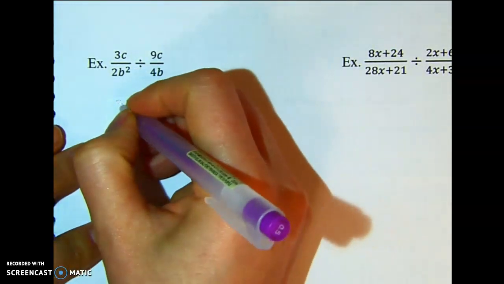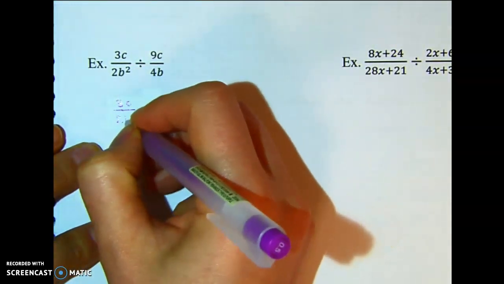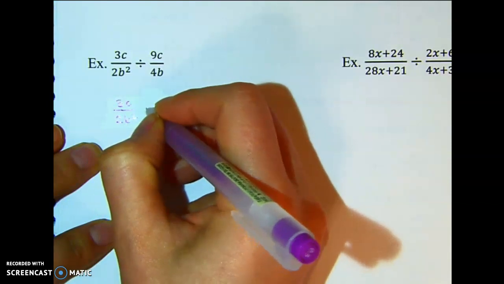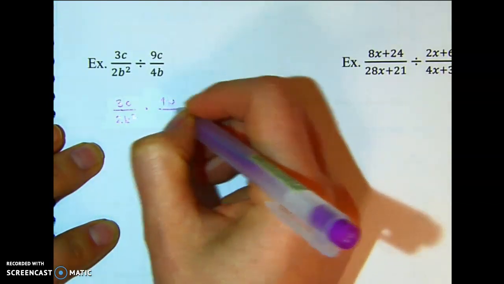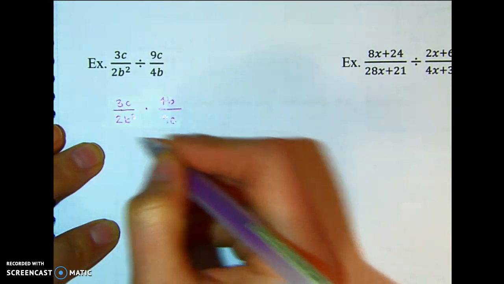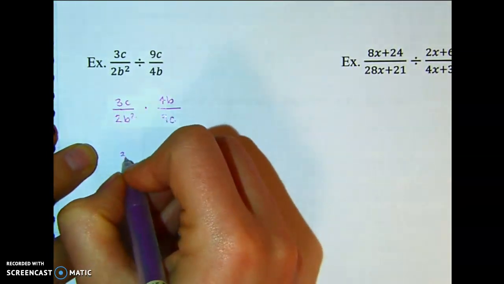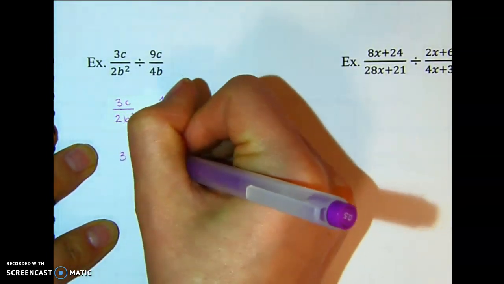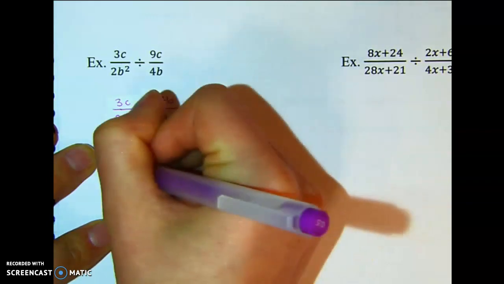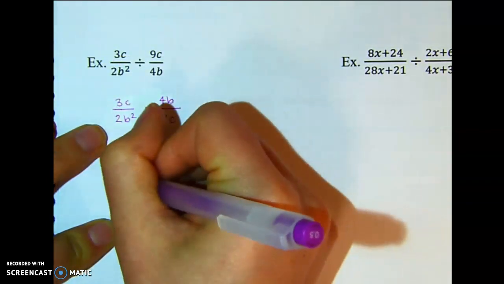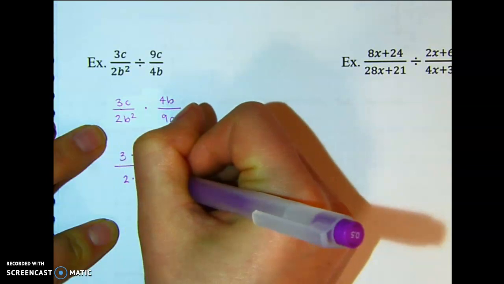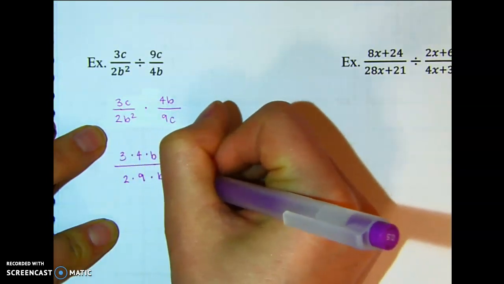I think this method will work for a lot of students. So same thing with multiplying by the reciprocal. And then if you want, you could just multiply by factors, right? So we have 3 times 4 times b times c over 2 times 9 times b squared times c. I don't know if that helps.